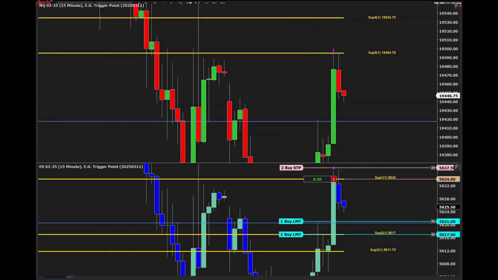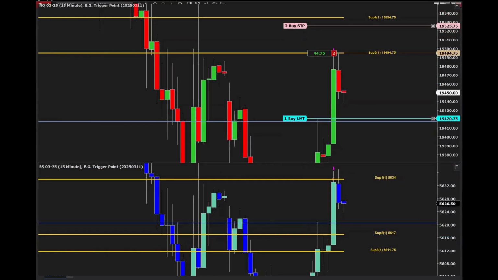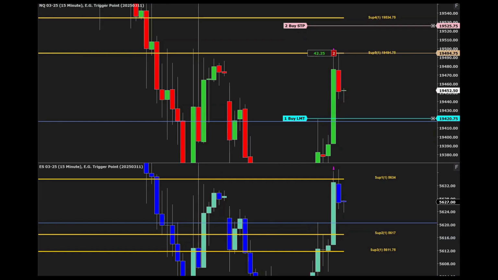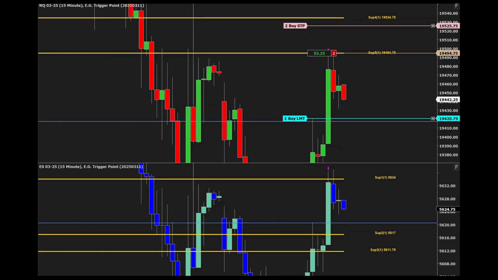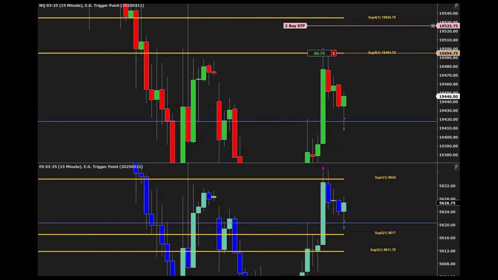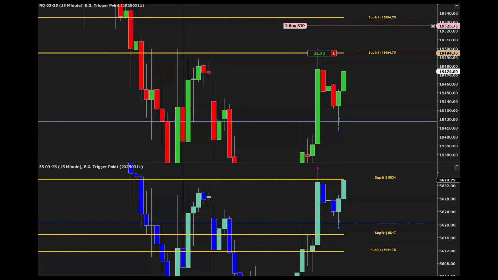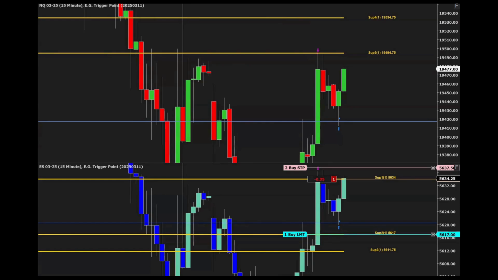So first profit target is an intraday support level created by both together, and the second profit target will be ES trigger point support level.